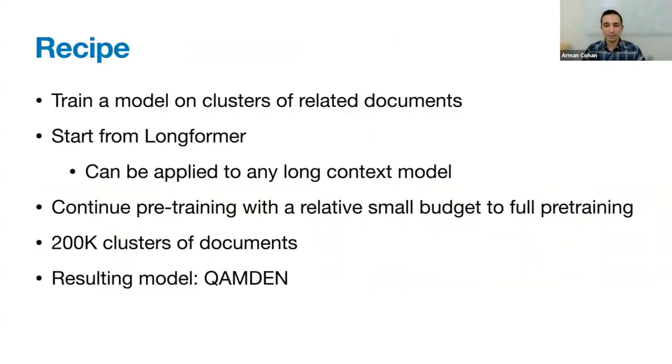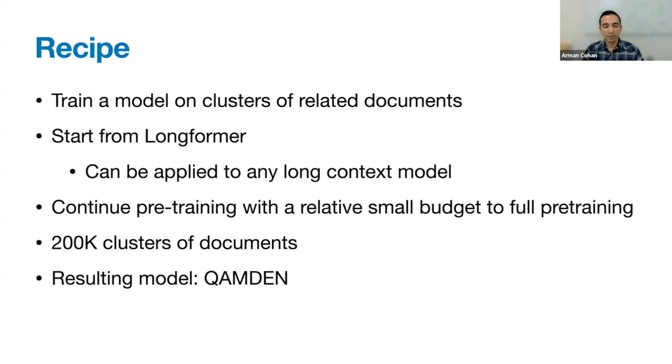So given this, we came up with a recipe to adapt these models to multi-document tasks. So the first thing is train a model on clusters of related documents instead of random documents. Then you pass this through a long context transformer, like Longformer, and then you continue pre-training with a relatively small budget.